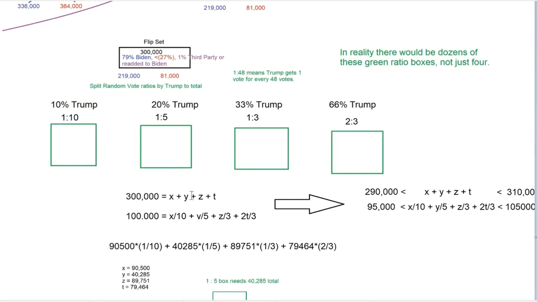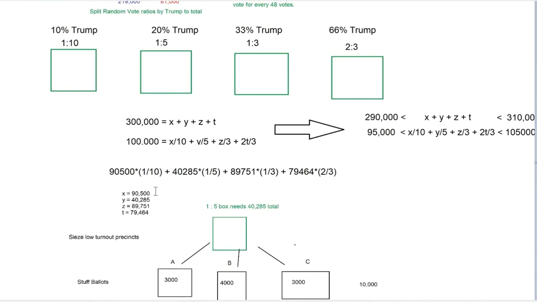Then you put 100,000 equals x/10, which is this ratio, y/5, which is this ratio, z/3, which is this ratio, and 2t/3, which is this ratio. There are many integer solutions to this, and this just happens to be one of them. So you have to get 90,000 ballots in here, 40,000 ballots in here, 90,000 ballots in here, and 80,000 ballots into the last virtual precinct.